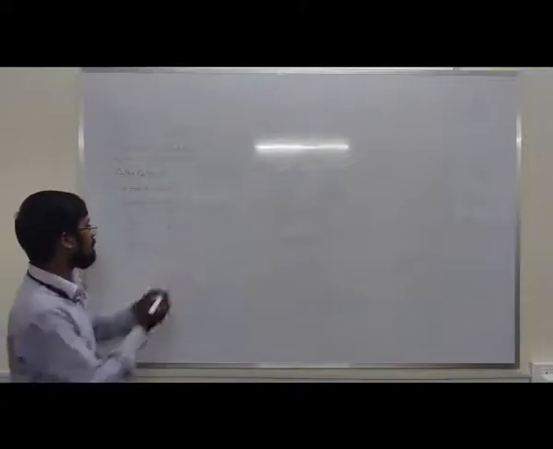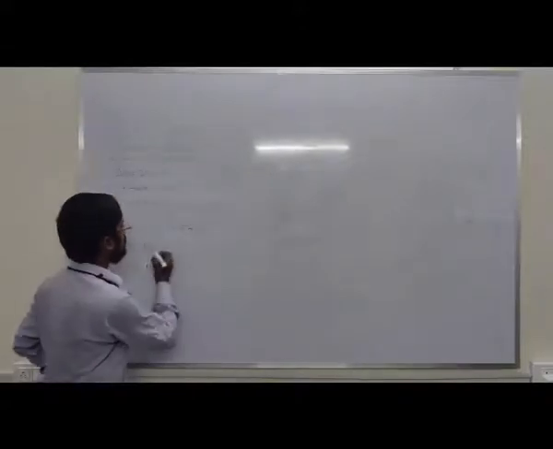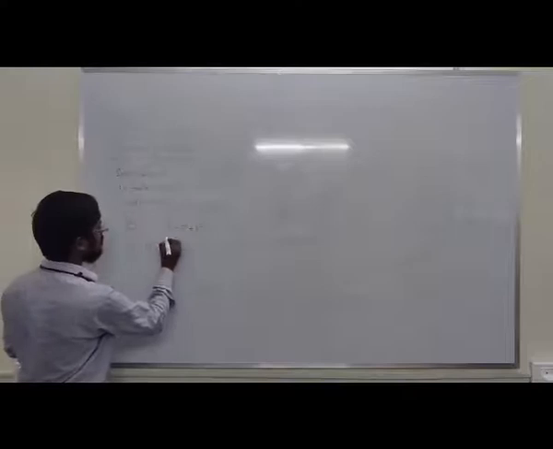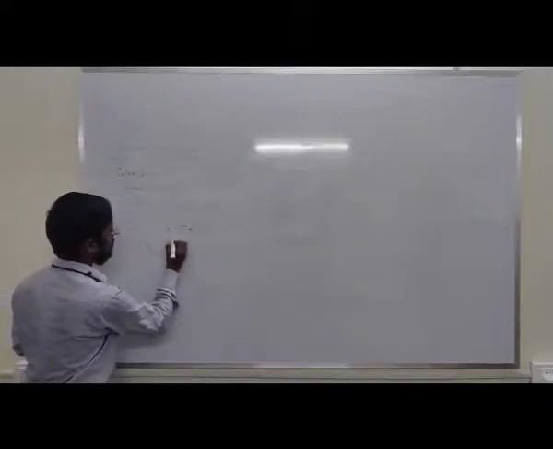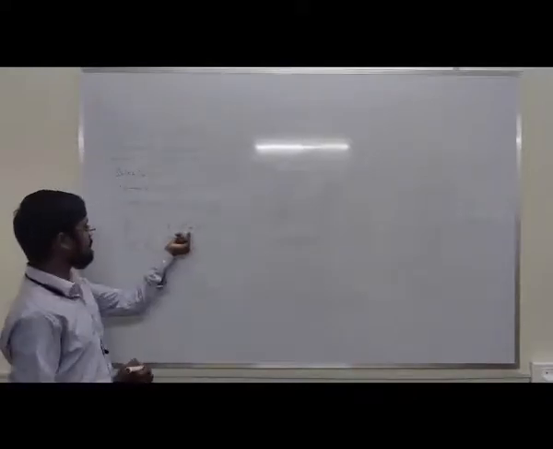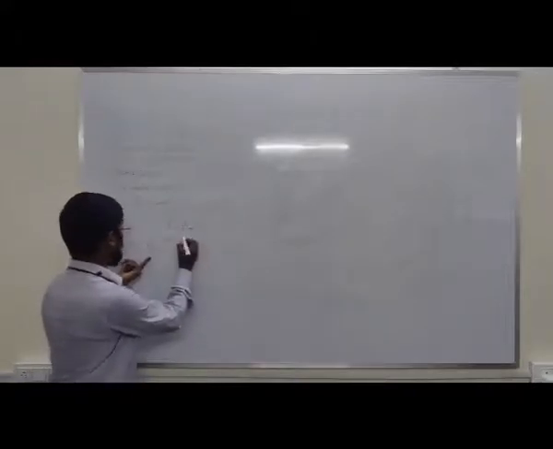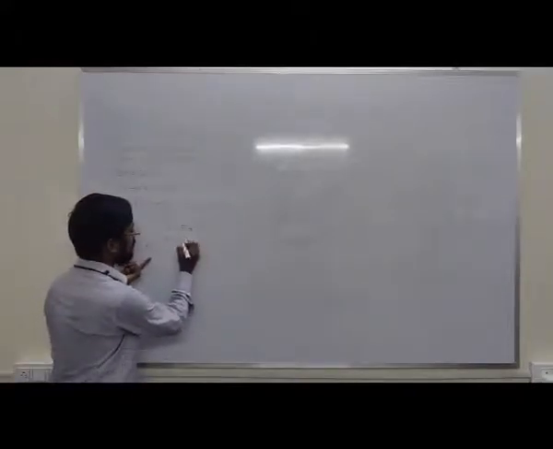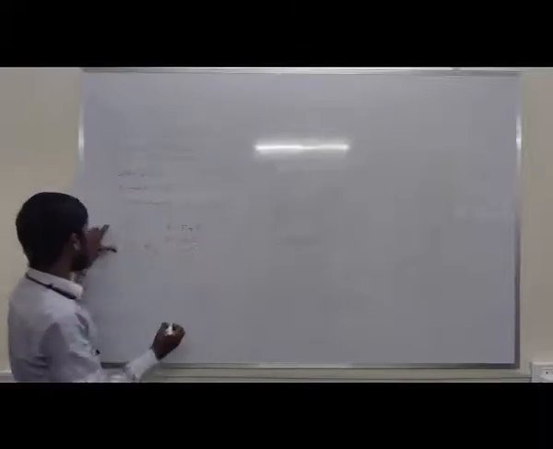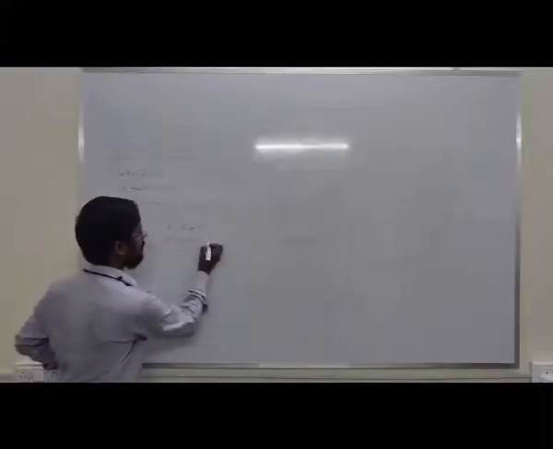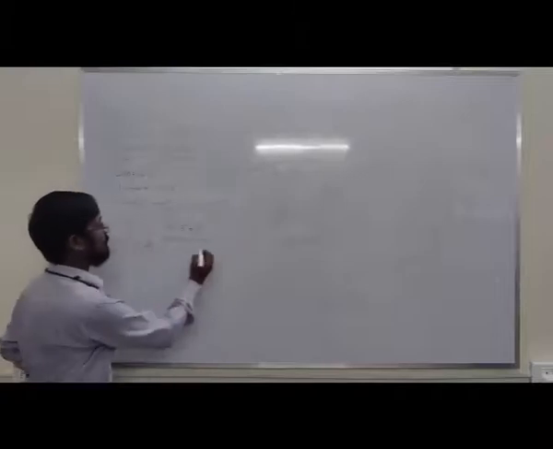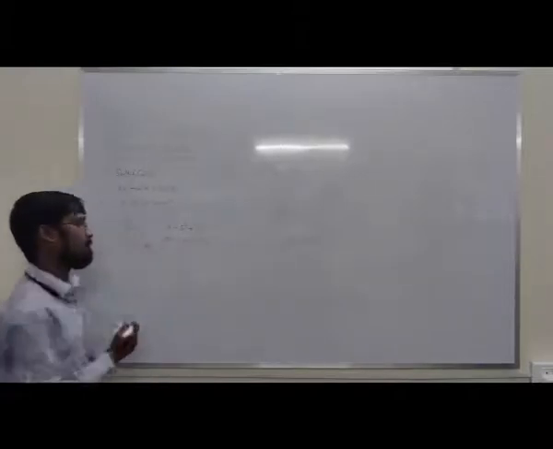The hypotenuse is BC. So BC square equals AB whole square plus AC whole square. This is what the Pythagoras theorem says.